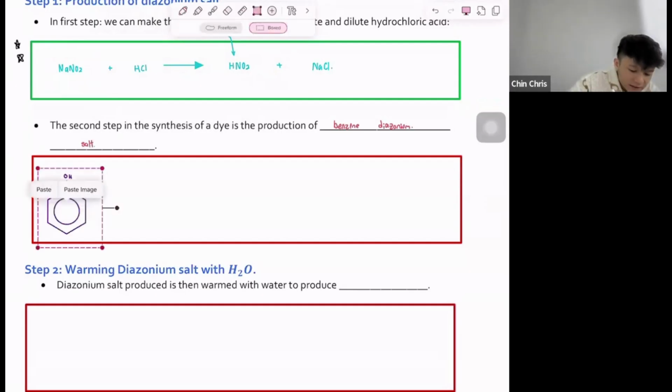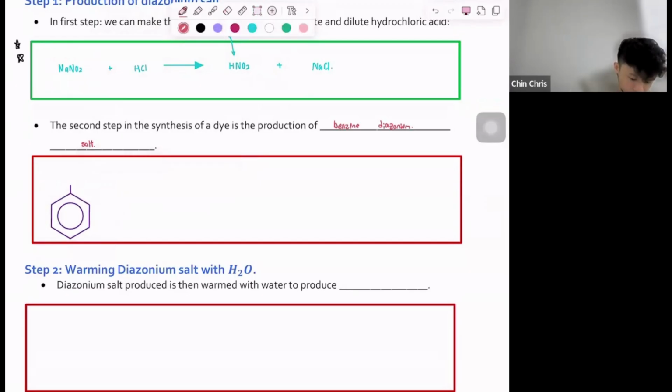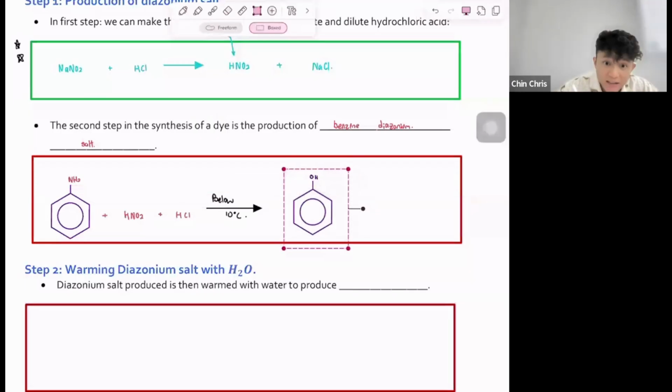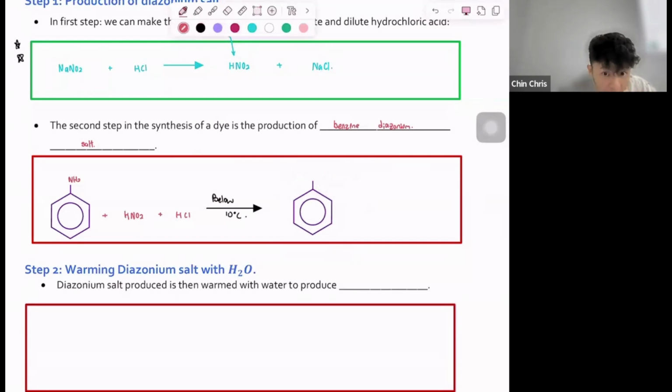So I'm going to take phenylamine and add HNO2 and HCl acid, and this reaction has to be carried out below 10 degrees Celsius, and eventually it's going to turn into benzene diazonium chloride, with the triple bond N, Cl, plus H2O. Please write this down. Guys, for your info, this part is damn important.